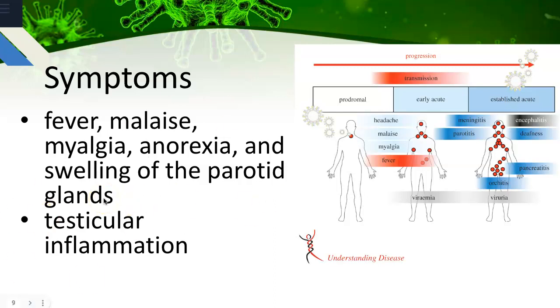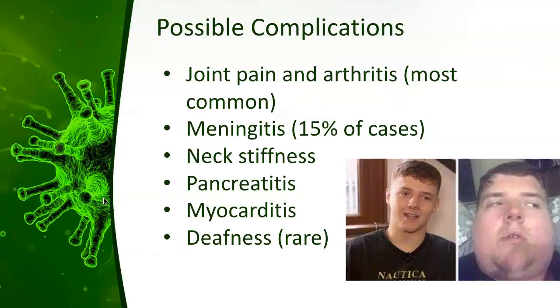Testicular inflammation is also a common side effect in males. Right? Possible complications that may come from this would have to be joint pain or arthritis, which is the most common. Some people do get meningitis, neck stiffness, pancreatitis, myocarditis, and deafness, which, like I said, is pretty rare, but still possible.